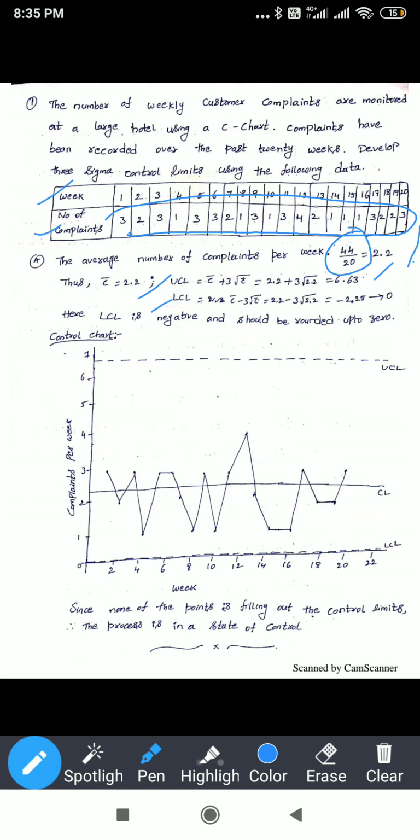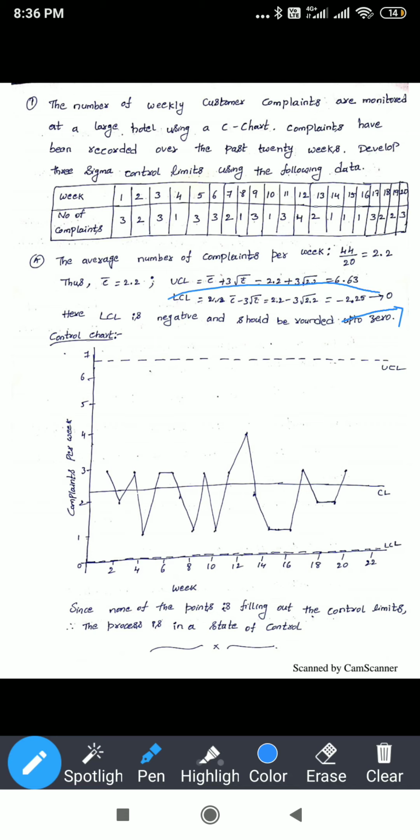And for LCL, instead of plus you use minus, and you get a negative value, minus 2.25. This is the first case where we see a negative value. If you get a negative value, it is taken as 0. So the LCL value is 0.